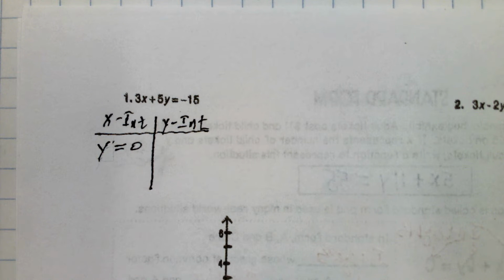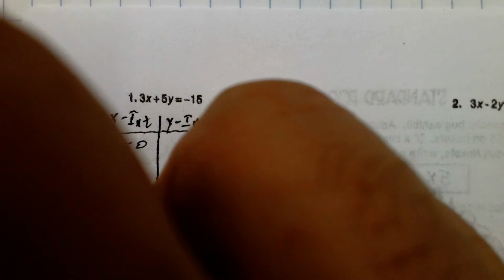So I want you to write this equation with no 5y, just 3x equals negative 15. Write that down, right here. This goes away, you're left with 3x equals negative 15. Okay, so let's write it down. 3x equals negative 15.